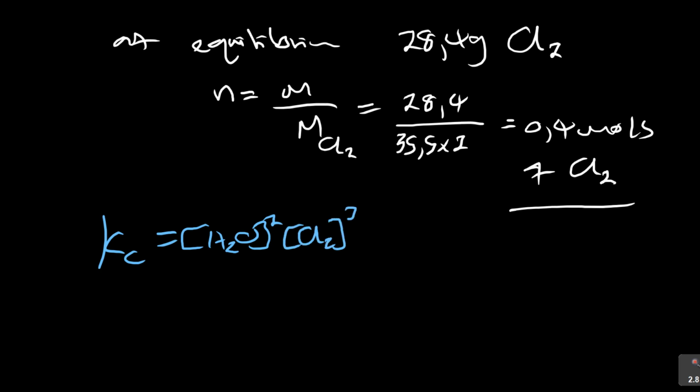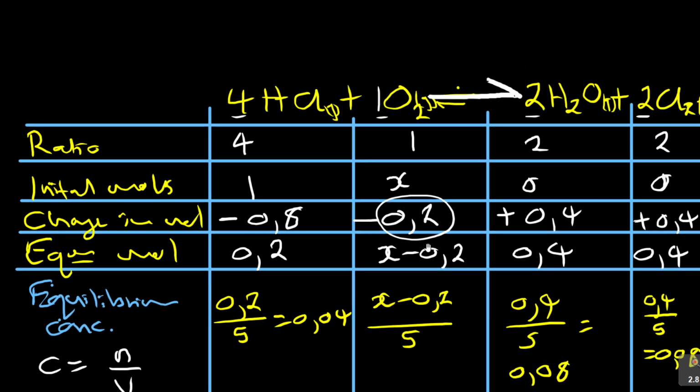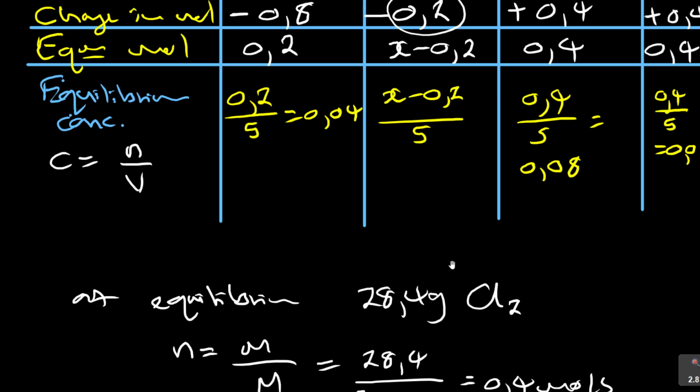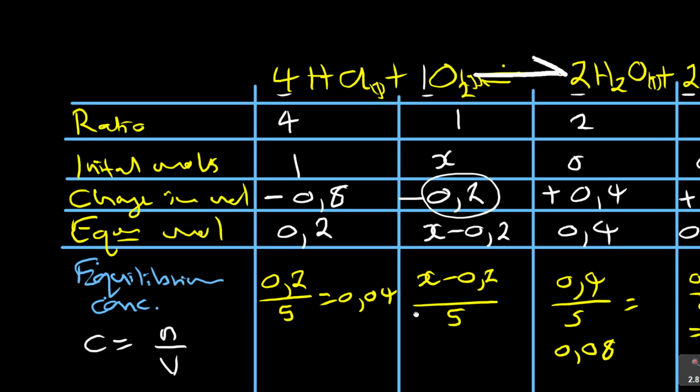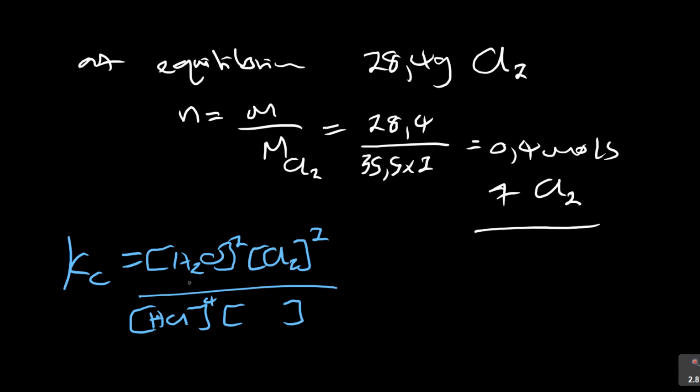Cl2 squared over concentration of HCl, which is power 4, and oxygen, which is power 1.